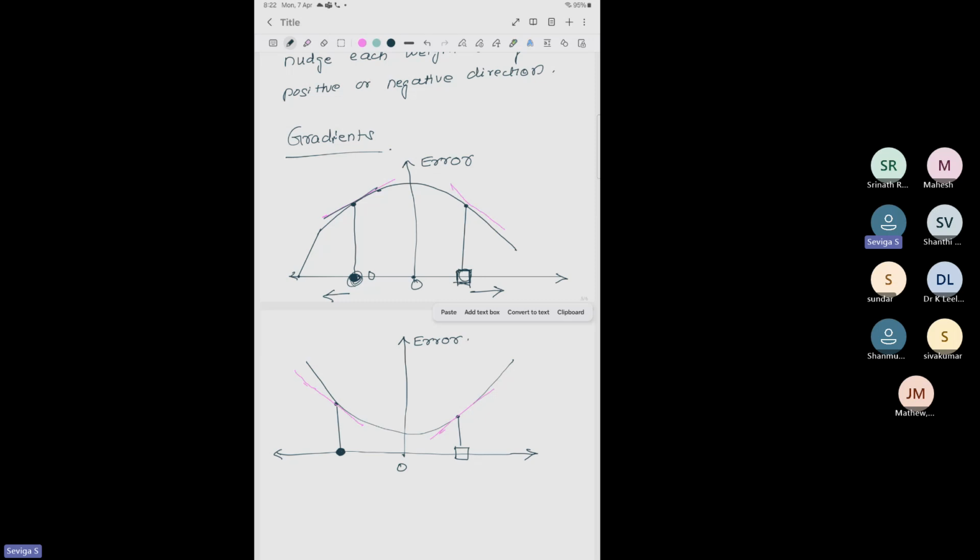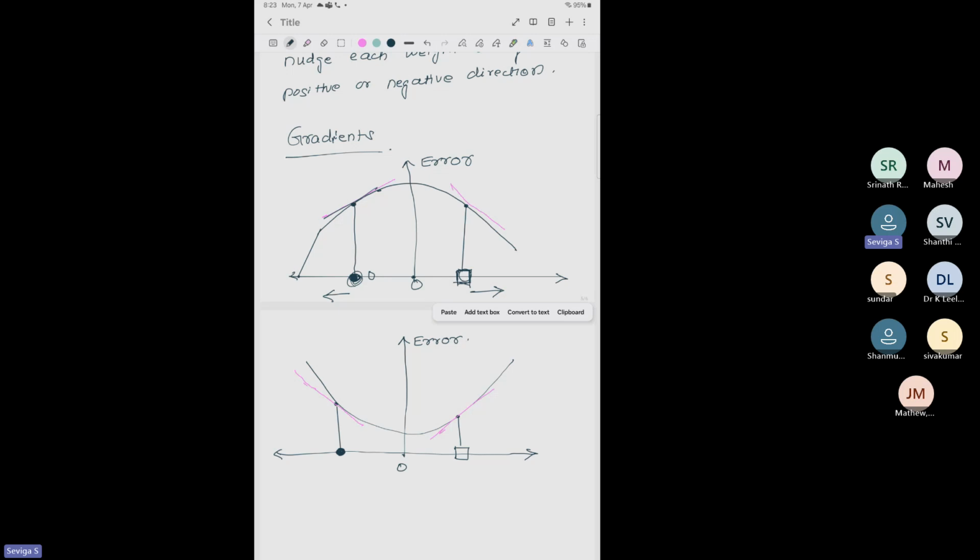So for every weight, we are going to calculate the gradient. When a sample is given, we will initialize the weights for the network, get the output, compare it with the label, and compute the error. Then for every weight, we calculate the gradient, and using the gradient we decide whether to increase or decrease the weight.